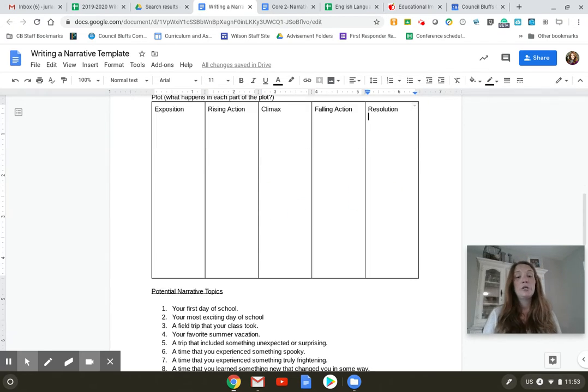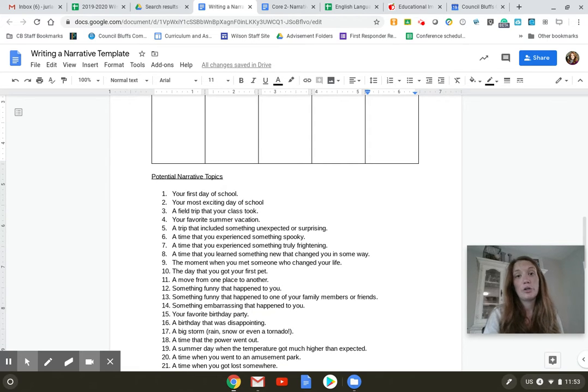Okay. You can open your own Google document. Obviously, this will not have to be turned in, but you can open your own Google document and you can just start writing your story as you're filling out this organizer or once you have the organizer filled out. Everyone's brain works differently.